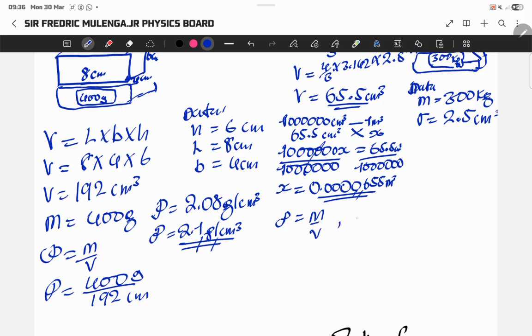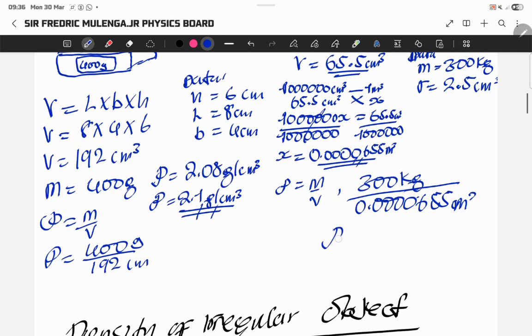The mass given is 300 kg over 0.0000655 meter cubed. If we divide that, I found the density to be 458015552.672.